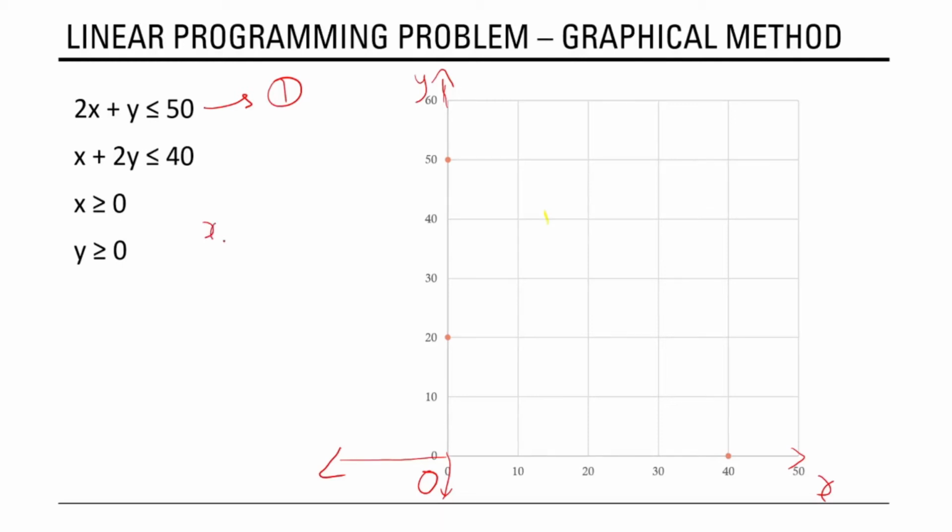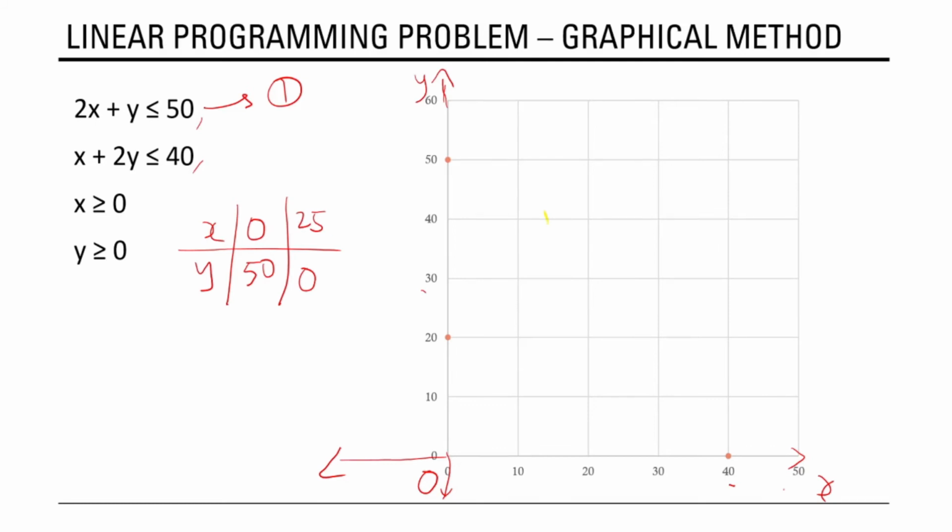So, for that I am going to take x and y. When x is 0, the value of y is 50, and when y is 0, the value of x is 25. So, on the graph sheet, after marking the x-axis and the y-axis and the intervals, I am taking 10, 20, 30, 40, etc. because here I have 50 and 40, and on the y-axis also I am taking 10, 20, 30, etc. Now, I am marking these points.